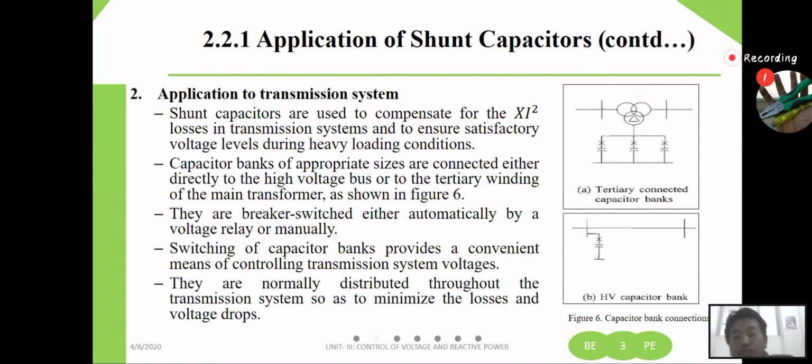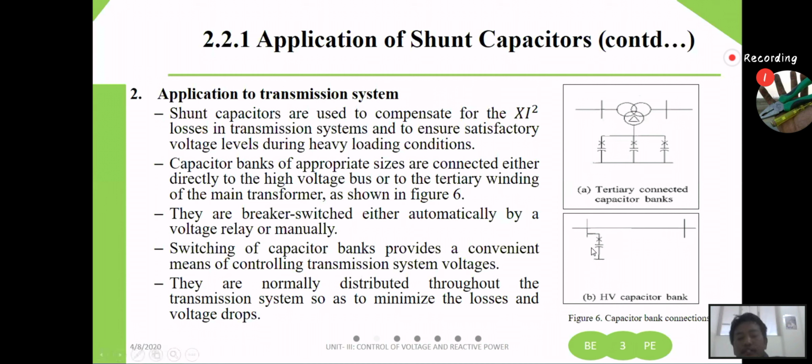So there are two applications of the shunt capacitor. One is in the distribution system, where we can control the power factor and at the same time control the voltage. In the transmission system, we normally do not look at the power factor as such, but try to compensate the losses.